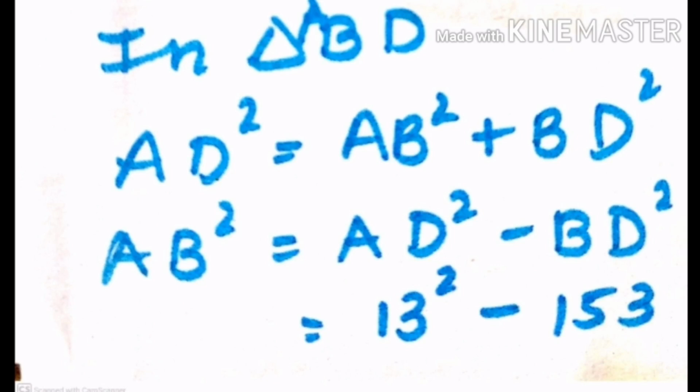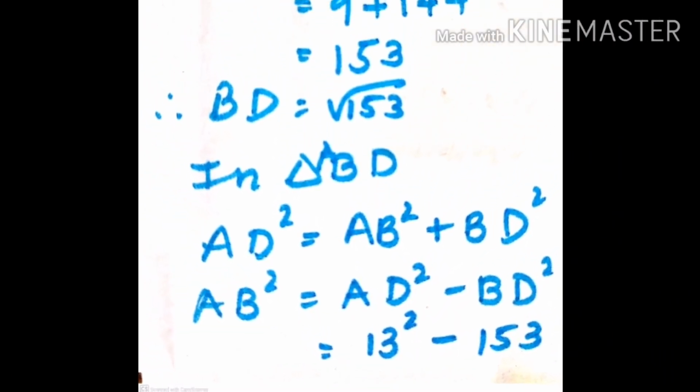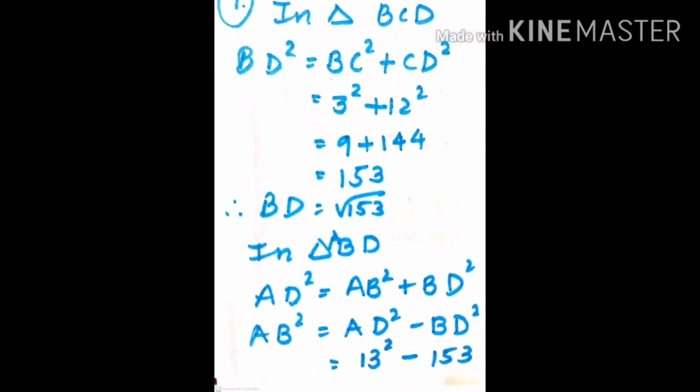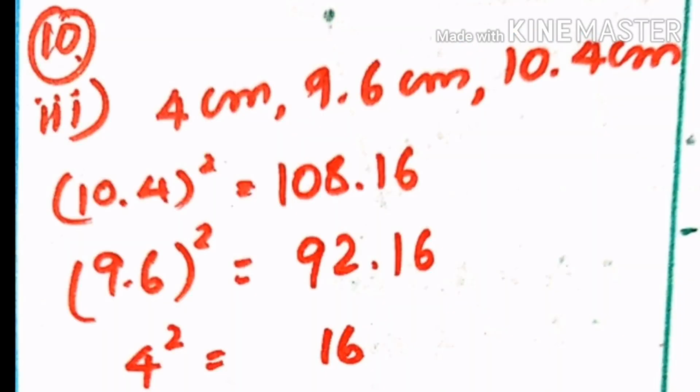Now 13 square we all know is 169, minus 153. So here the value is 169 minus 153, that is 16. And then taking square root of AB on both sides, we get the value 4 centimeter in question number 8, and mine is 9.